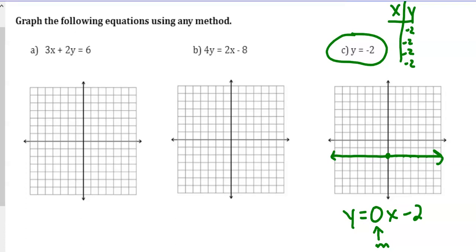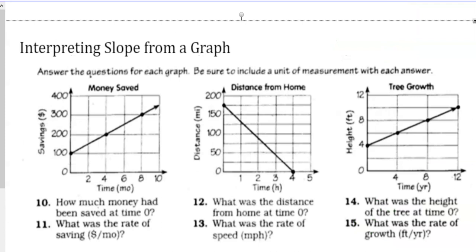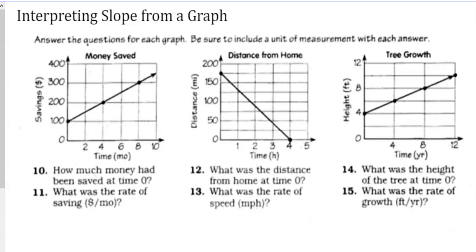All right, so now I'm going to leave those for you guys to do for homework. We're going to go over to interpreting slope from a graph. Okay, so let's take a look here at problems 10 and 11. Okay, so reading the directions here, it says answer the questions for each graph. Be sure to include a unit of measurement with each answer. Okay, so we're going to talk about 10 and 11.